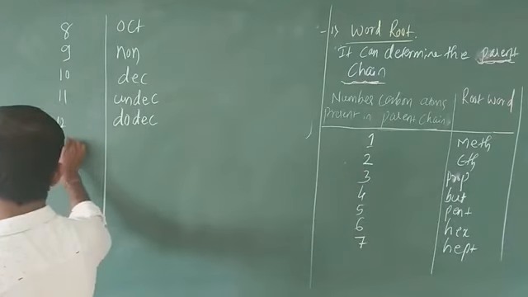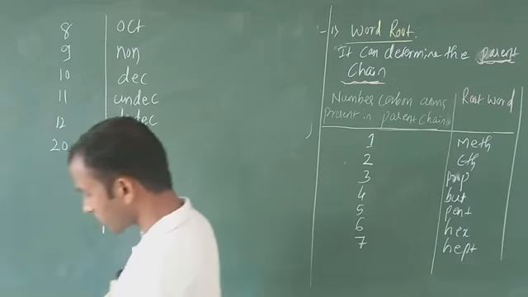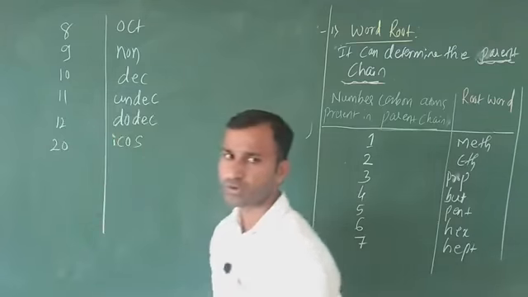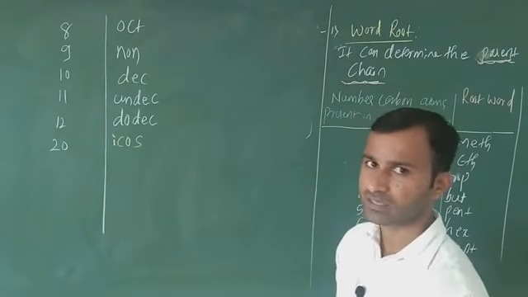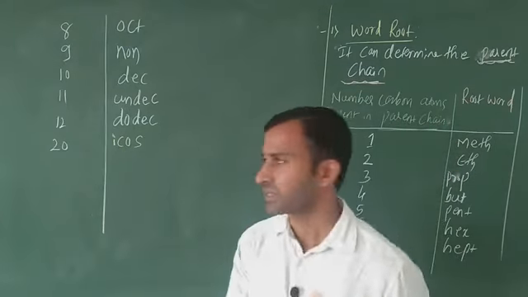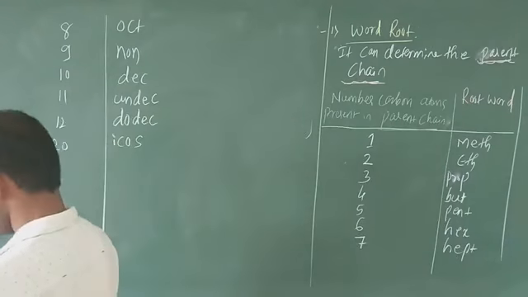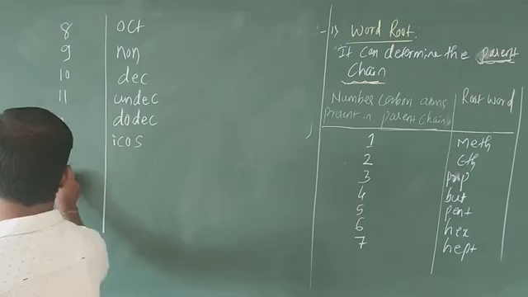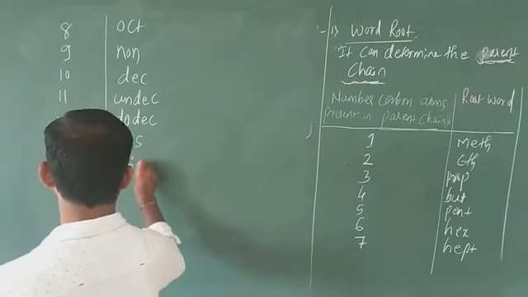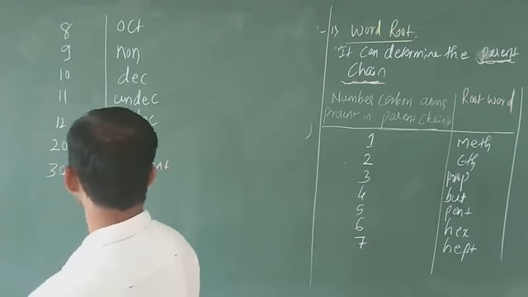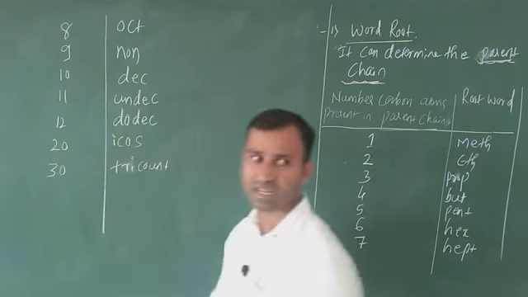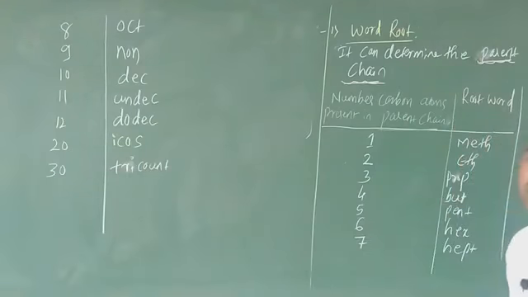Next, 20 is there. Bear in mind, sometimes IUPAC names are used. If 20 carbons are there in a parent chain, what do you call it? And if 30 carbons are there in the parent chain, it is called triacont. Triacont means 30 carbons are there.